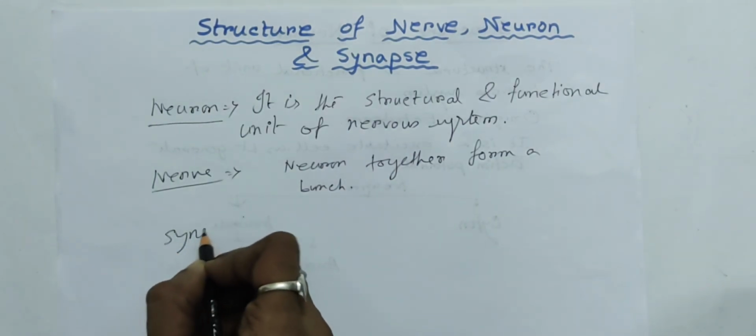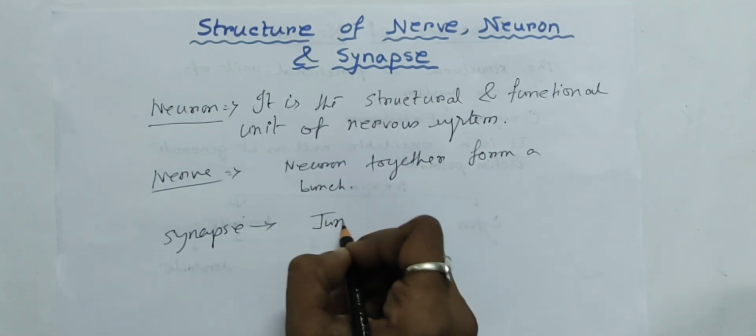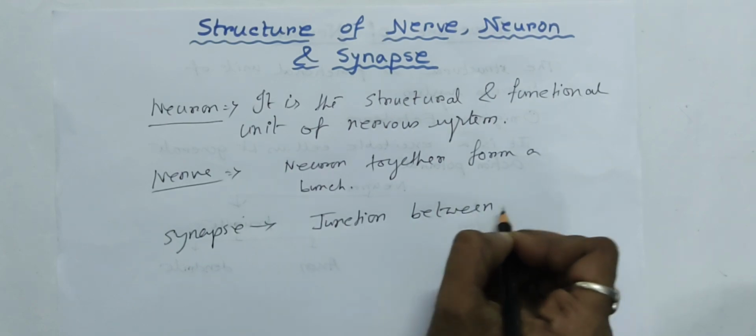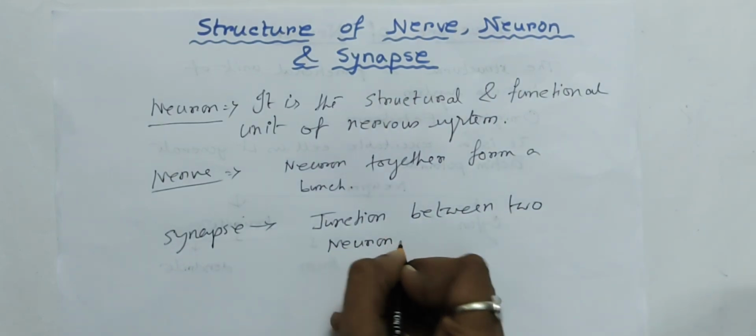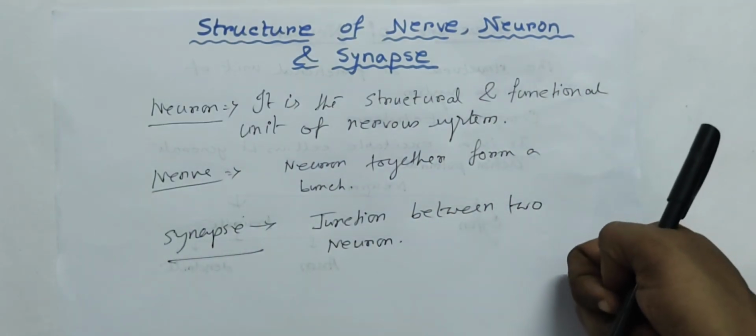And synapse is the junction between two neurons. Okay, so these are the three topics for today.